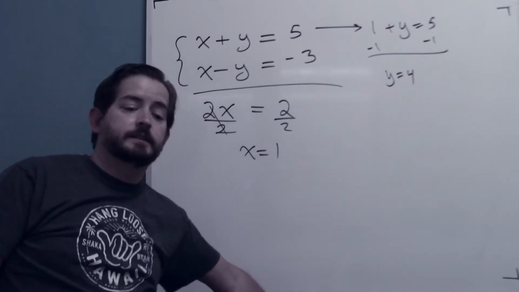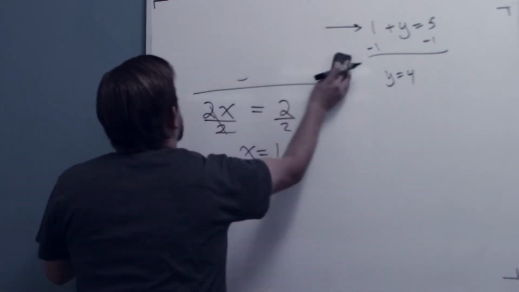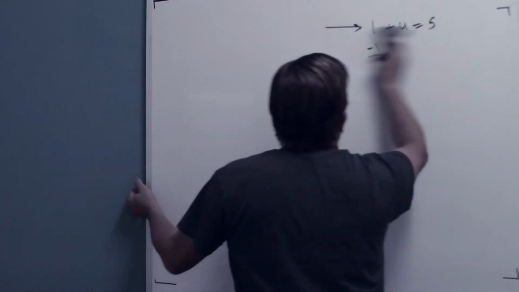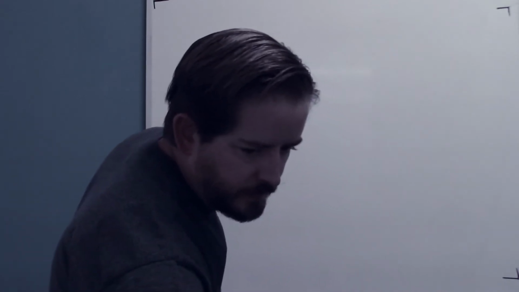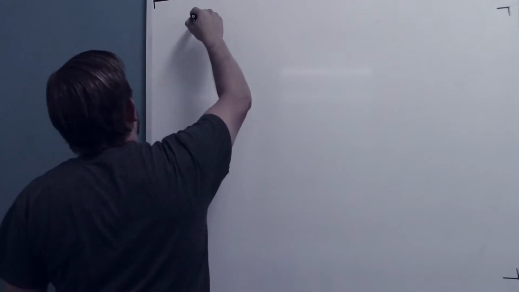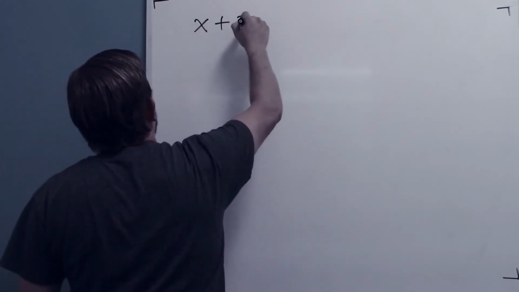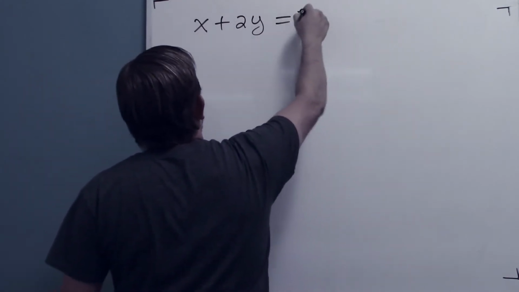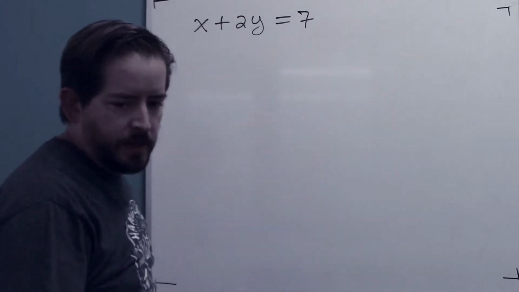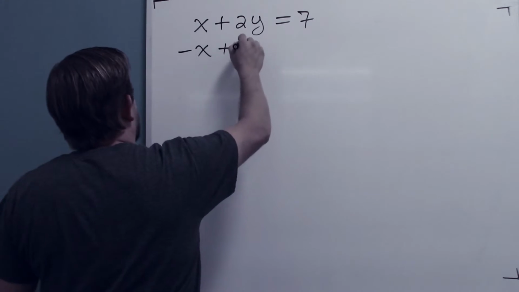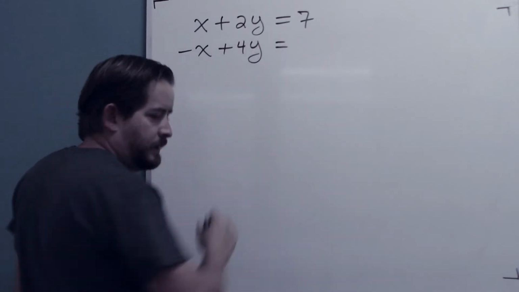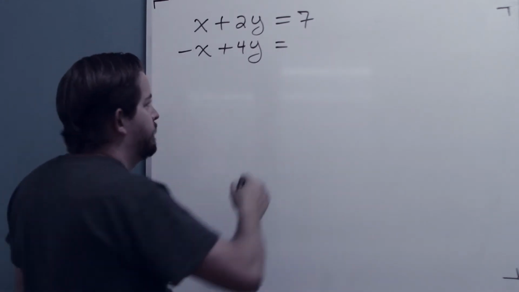Let's look at a few of these. Let's say I have x plus 2y equals 7, and negative x plus 4y equals 11.